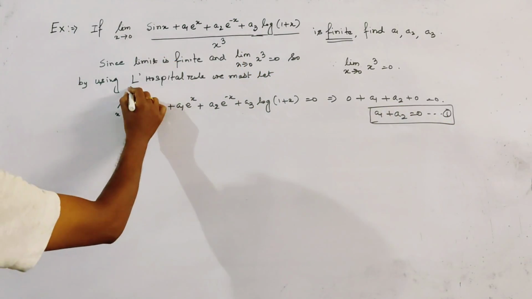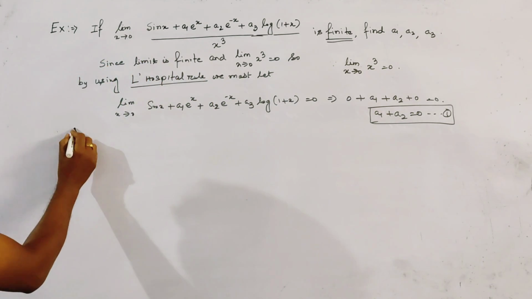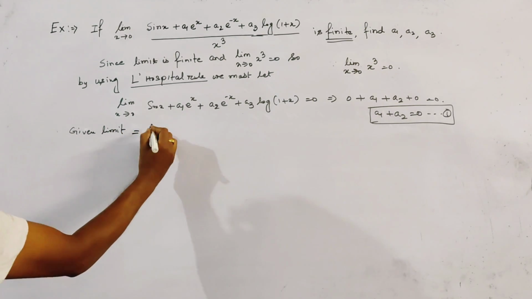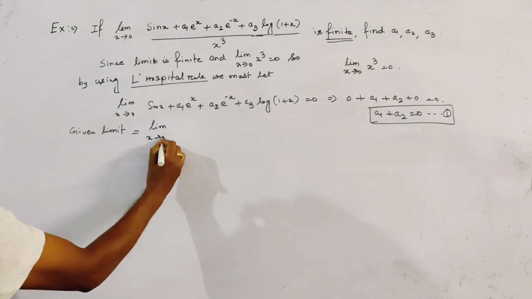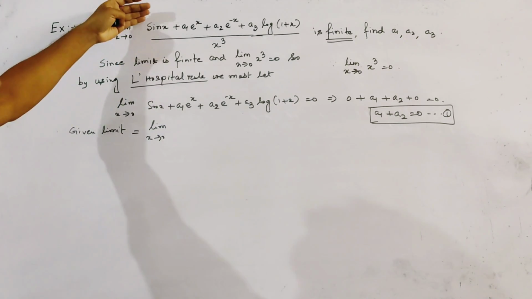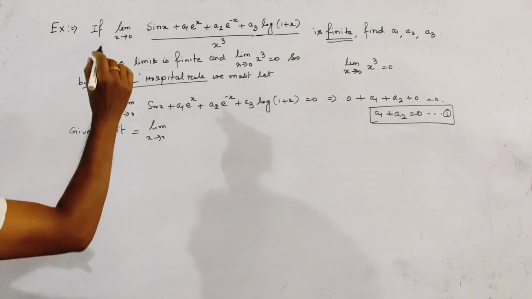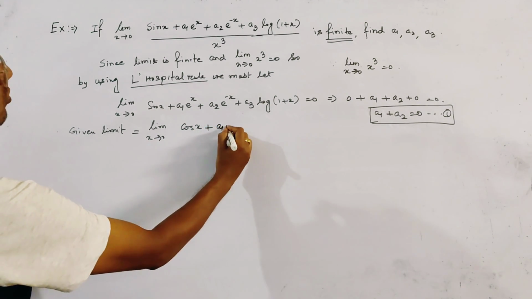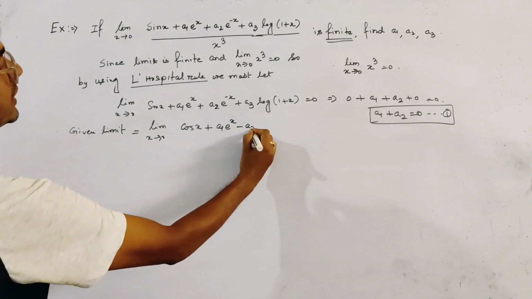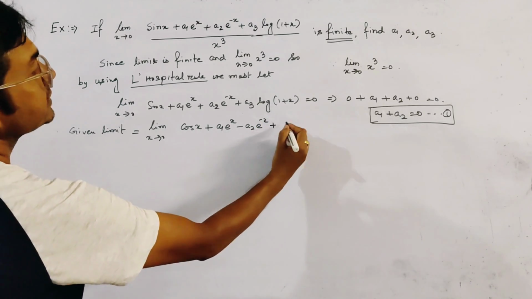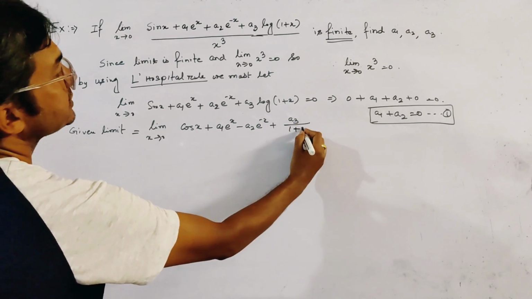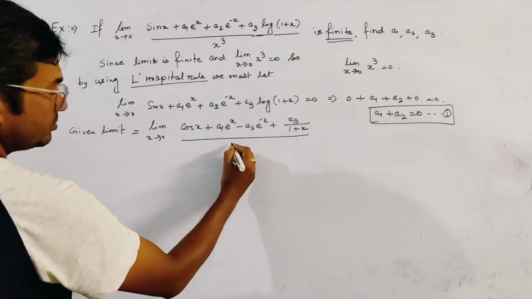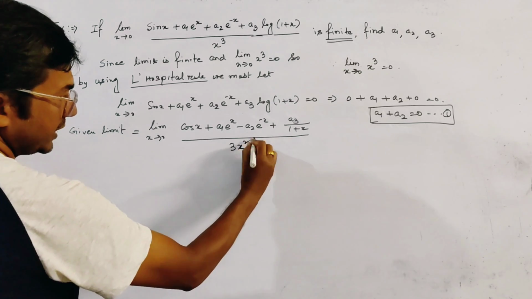Now using L'Hospital rule, we can write the given limit as the limit as x tends to 0, differentiating numerator and denominator separately, of (cos x + a1 e^x - a2 e^(-x) + a3/(1 + x)) divided by the derivative of x cube, which is 3x square.